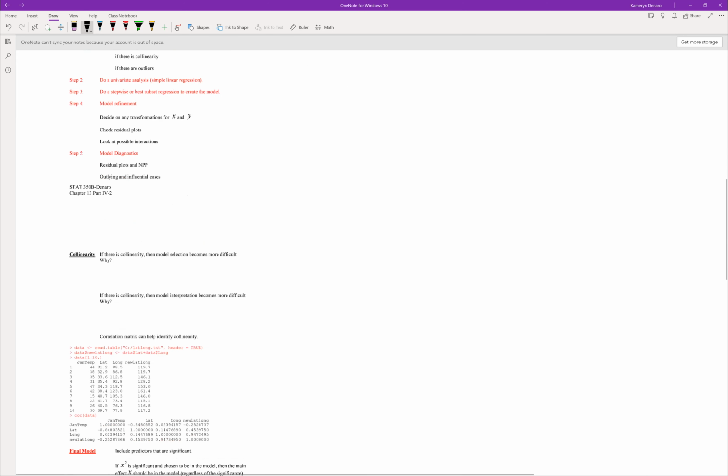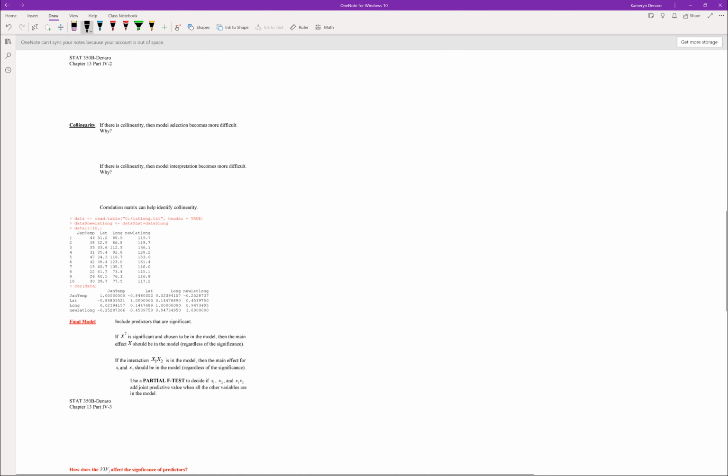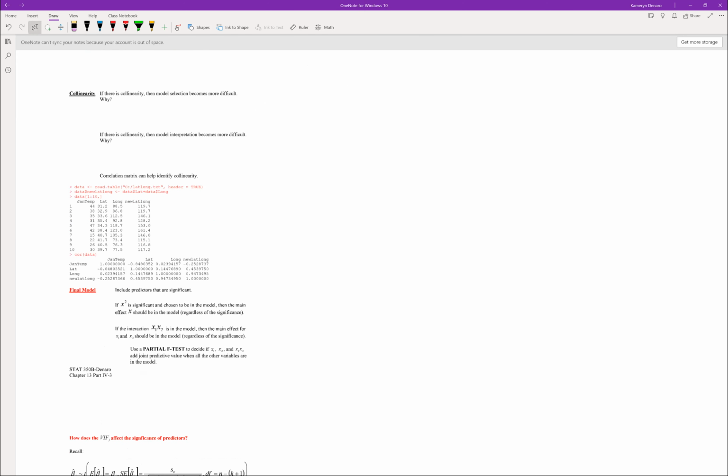All right. Another important piece that we've reviewed in the past is collinearity. The issue with collinearity is that when we interpret our beta hats, we're really saying, what's the effect of this variable while holding the other variables in the model constant?